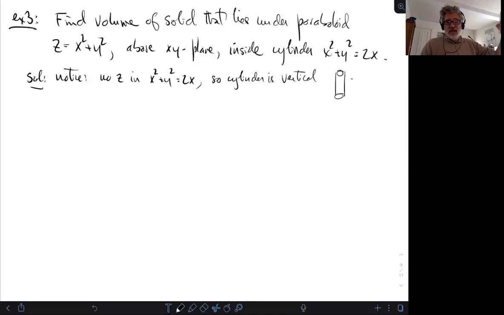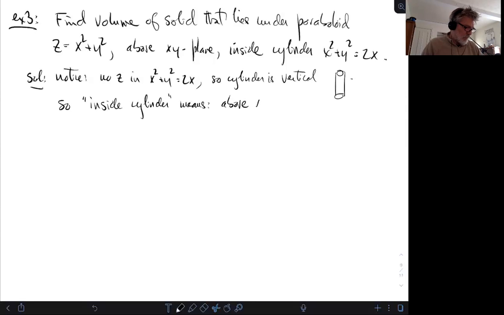So basically being inside the cylinder just means being above the disk where the cylinder meets the XY plane. So inside the cylinder is just misleading, it means above the region in the XY plane inside the cylinder.